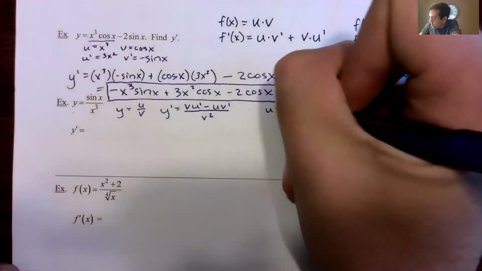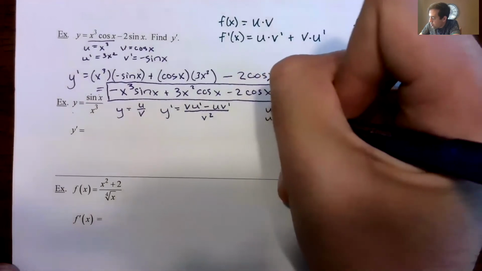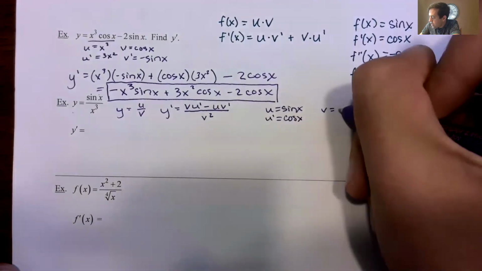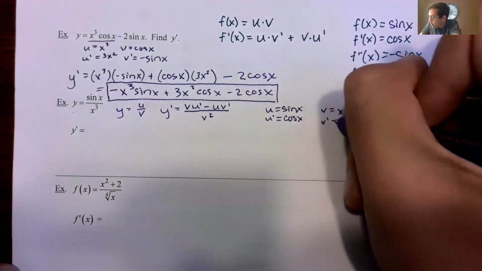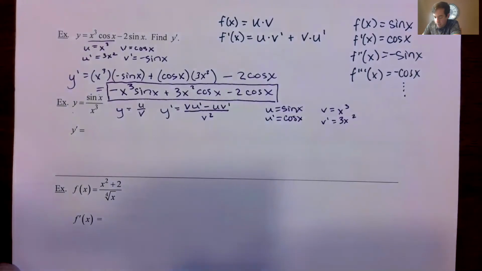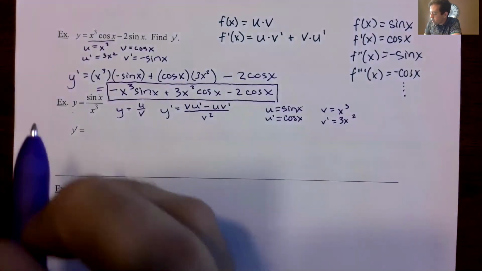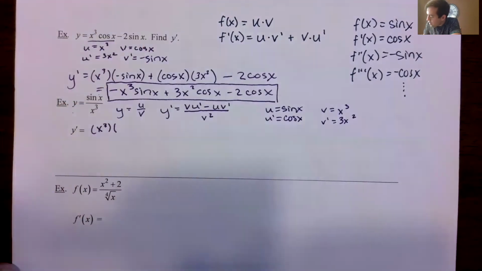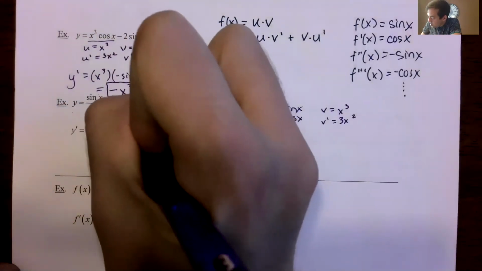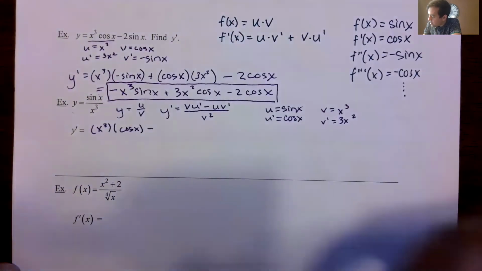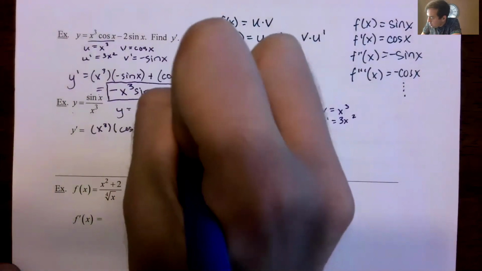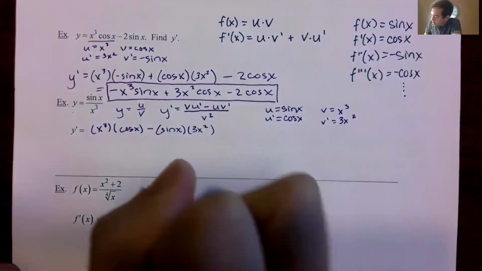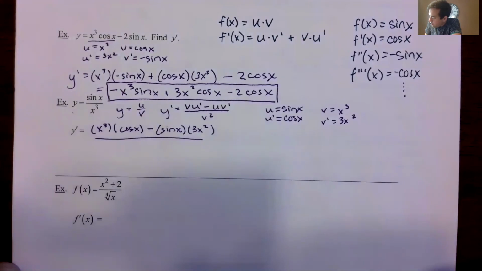So we know u is sine x, u prime is going to be cosine x, v is x cubed, v prime is going to be 3x squared. And now we calculate this. So we have v times u prime minus u times v prime all over v squared.